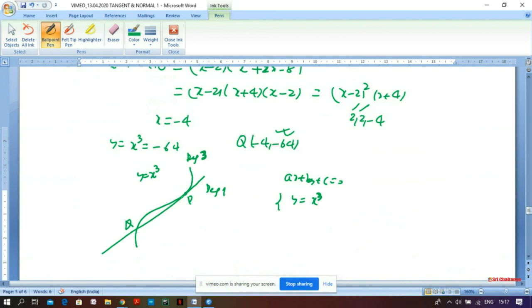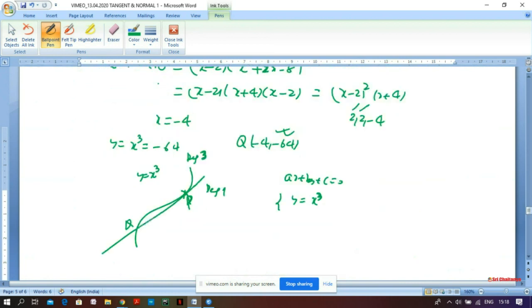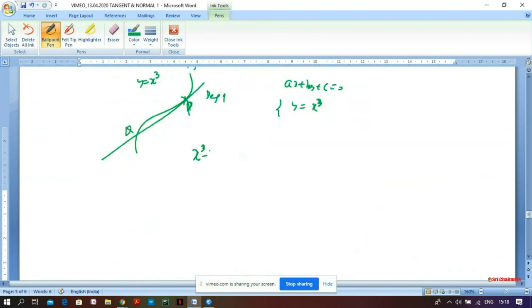That's not possible, you see. And anyway, at P it is meeting like a tangent, so corresponding to this value, x should be repeated. So it means the moment we reach the equation here, I'll write it here, x cubed minus 12x plus 16 equals 0. It is a cubic which will have its roots for x_P and x_Q.